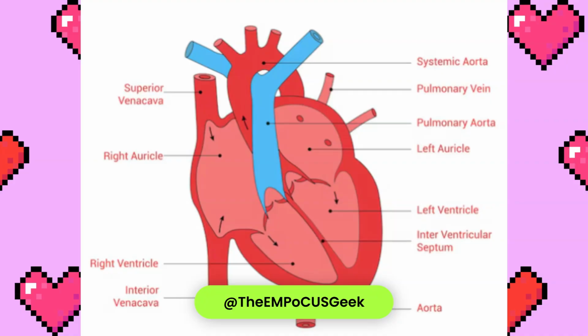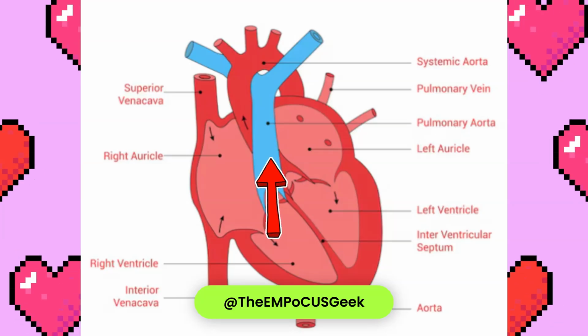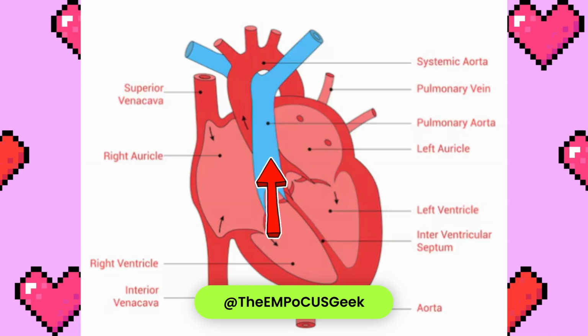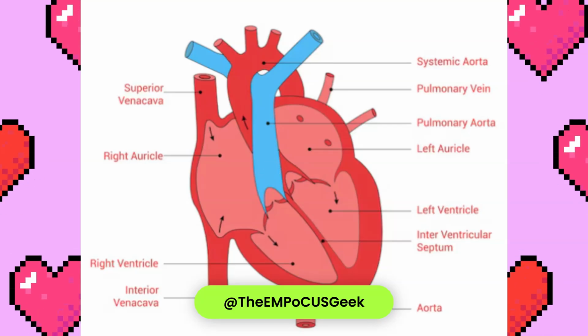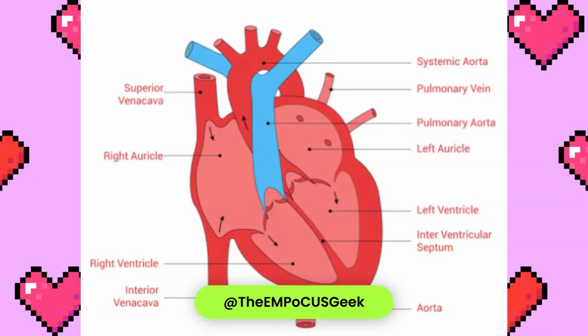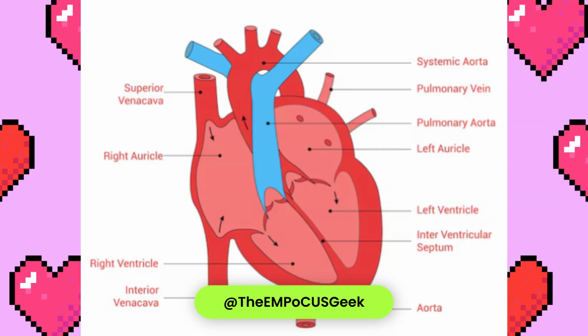The right ventricle, which contains the deoxygenated blood, pumps blood out of the heart via the pulmonary trunk into the lungs, where the lungs will remove the carbon dioxide and add oxygen to the blood. So, this is how the blood circulates through the body across the heart.